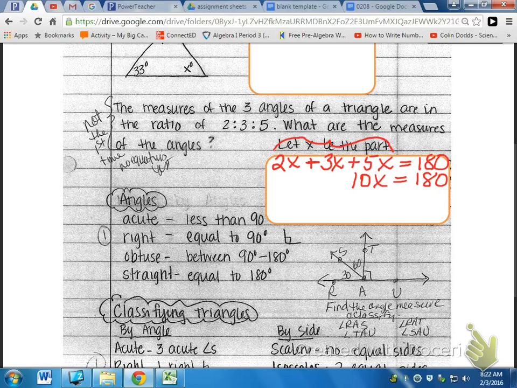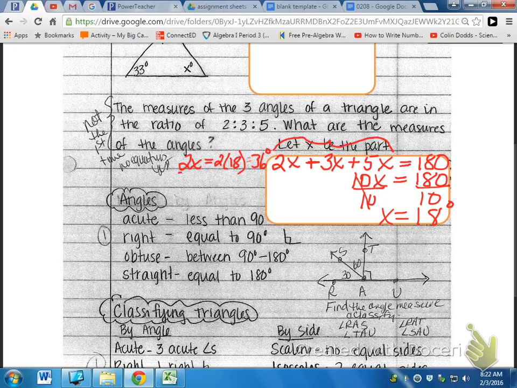Tori? Divide each side by 10. So x equals 18. And that's good to know. It's just saying that the part is 18, but it's not really telling you about the angle measure. So what you've got to do is go back and say, okay, my first angle, that's 2x, it's 2 times 18, 36 degrees.